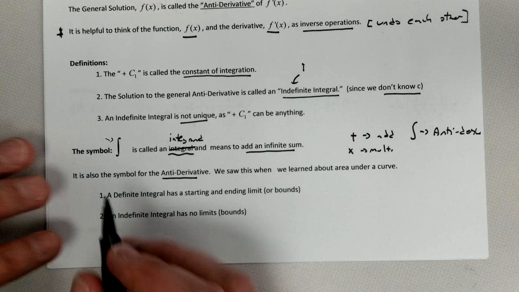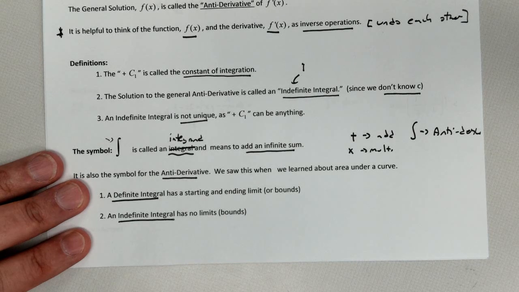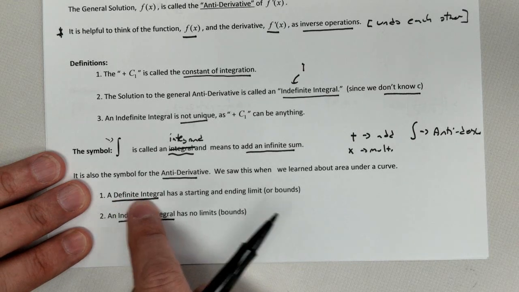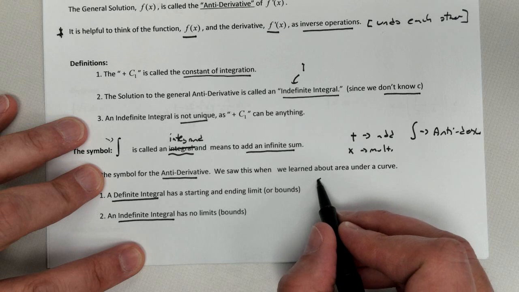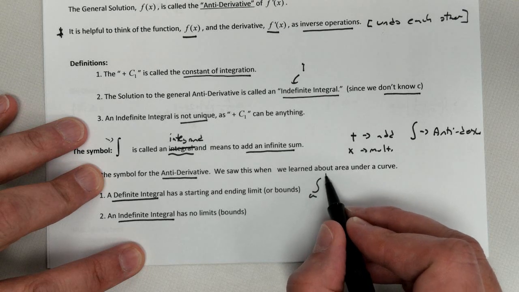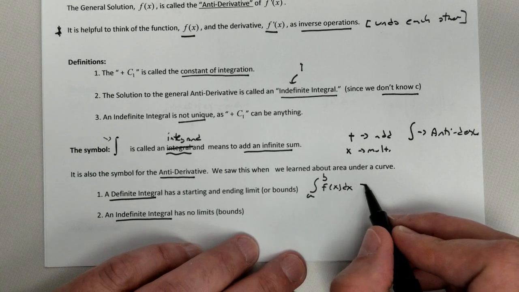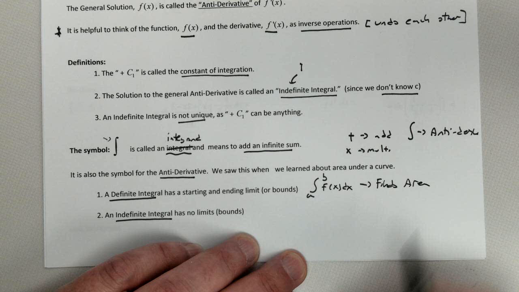So let's talk about the difference between what we call a definite integral and an indefinite integral. A definite integral, what we talked about last time, has a starting and an ending limit or bound. So that was the integral from a to b of f of x dx. And we said that this finds area last unit.